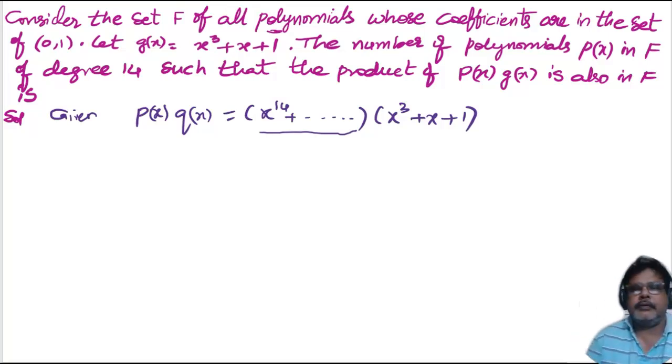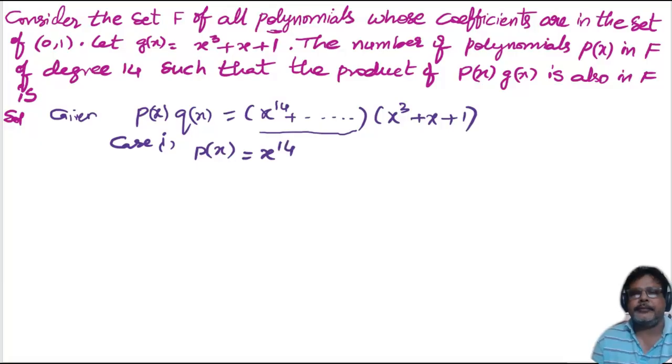So here, if we take the first case, case 1: if all the other terms are 0, then P(x) is equal to x power 14.